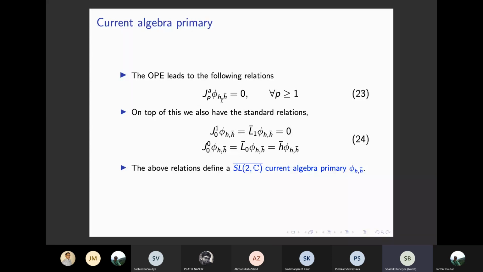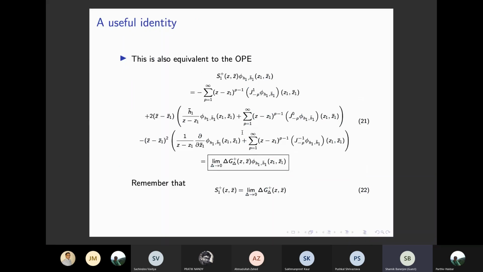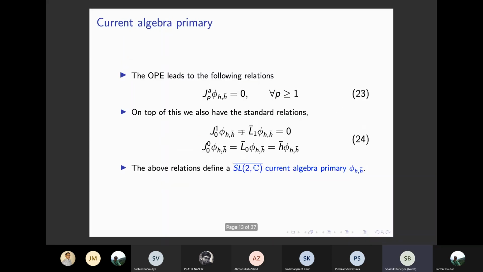So you have J a minus p acting on phi h h bar equal to 0 for all p greater than or equal to 1, and then you have these more standard ones which come from the global SL2C bar, which are just that L1 bar acting on this phi kills this state phi h h bar, and L0 bar acting on this phi h h bar is the same as h bar times phi h h bar. So these things you can get just from here.